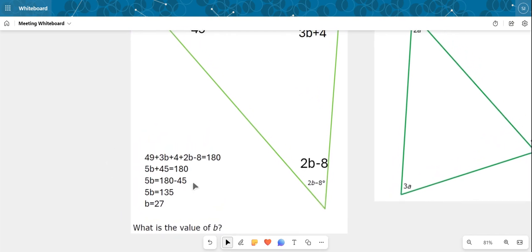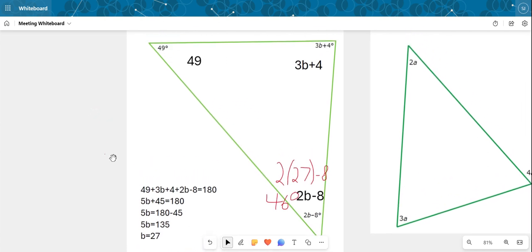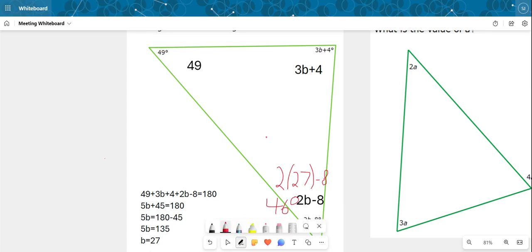We could then use that to find out what each actual angle is, just plugging it in. Since b is 27, we would have 2 times 27 minus 8. That's going to be 46 degrees. Up here, we'd have 3 times 27 plus 4.